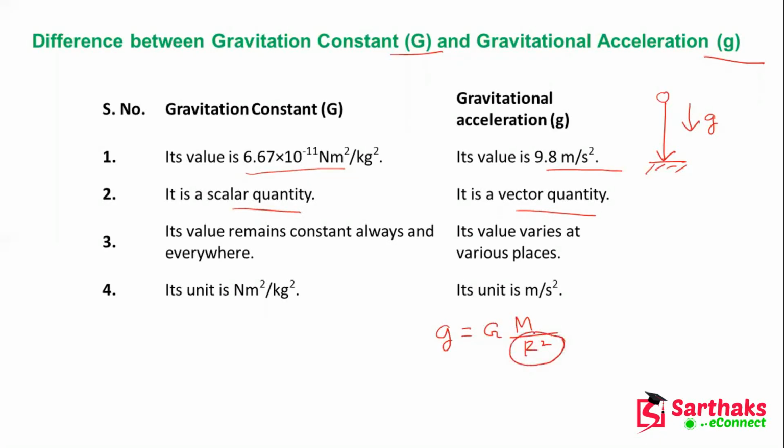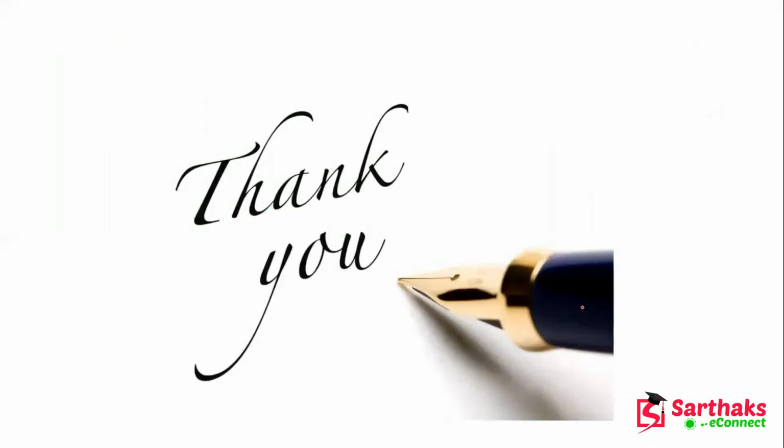The mass of the earth cannot be changed, G will not change, but r can be changed, and g is inversely proportional to r square. So this radius may change, which means the gravitational acceleration may change. And in case of unit, Newton meter square per kg square, and the unit of the gravitational acceleration is meter per second square. Okay. Thank you.